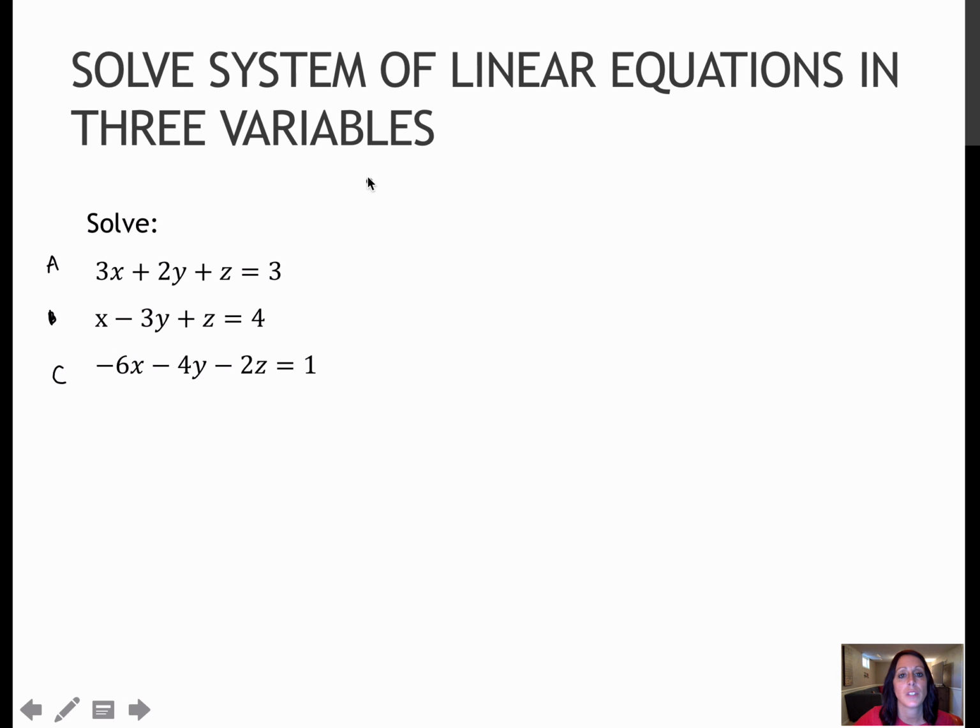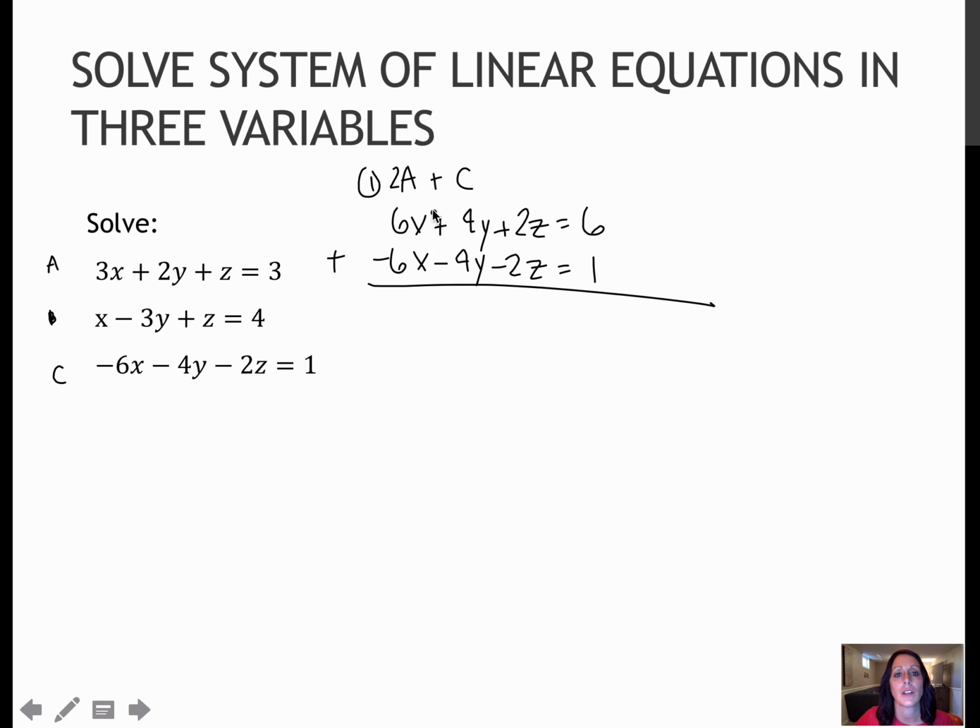So if I choose to add 2a plus c, I know that if I take 2 times z, I would get rid of this negative 2z. So I've got 6x plus 4y plus 2z equals 6 by taking everything in a times 2. I'm going to write negative 6x minus 4y minus 2z equals 1.